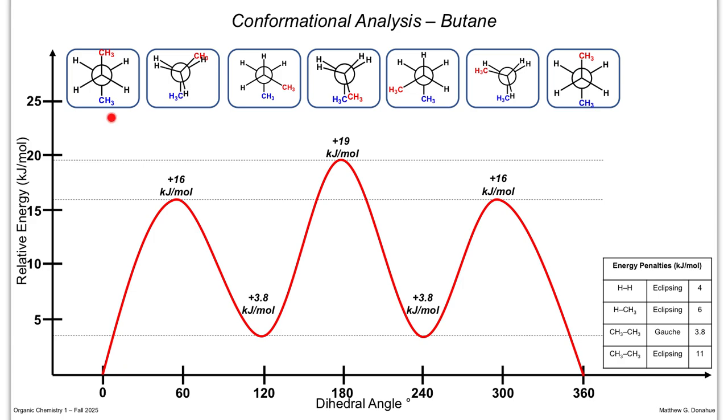So we go from staggered to eclipsed, staggered, eclipsed. And then after that, you're just repeating those conformers again. So 0 up to 16. And then again, because of that gauche interaction, we don't go all the way back down to 0. Then we have the methyl eclipsing. That's the highest at 19.